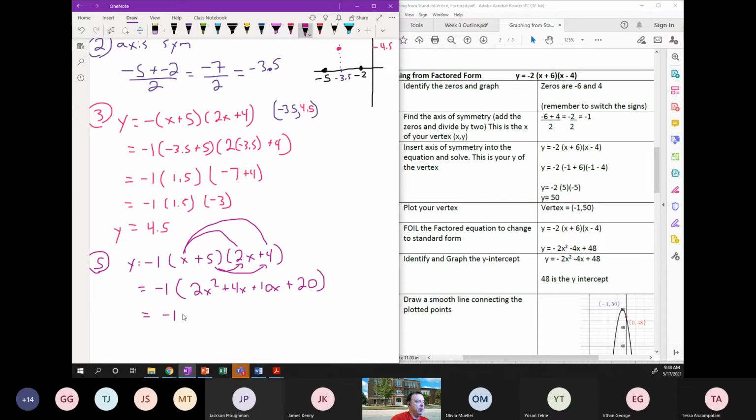That leaves me with negative 1 bracket 2x squared, add those together, plus 14x plus 20. Now here is where I bring in the negative 1. So everything, since it's just negative 1, is going to switch signs. And my y-intercept, in this case, is negative 20.